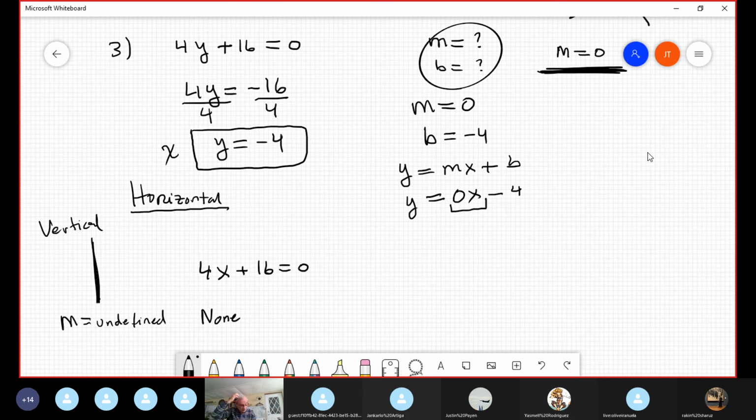Now you have 26, 27, and 28 for doing this test. You write your answer on one piece of paper. Somehow you convert this answer into electronic format, maybe PDF or maybe picture, and you send it back to me.